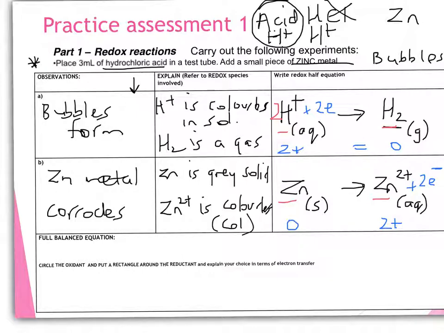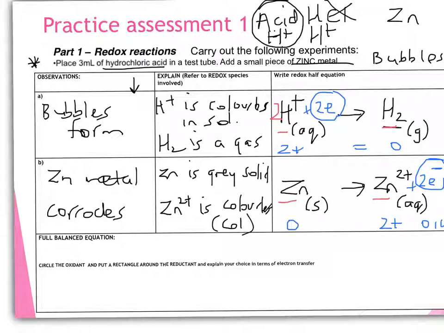And to write the whole equation, remember I've got to check if I've got electrons on the left for one of them and electrons on the right for the other one, otherwise I've done something wrong. Every redox reaction has to have an oxidation equation where electrons are lost, so that would be this one.